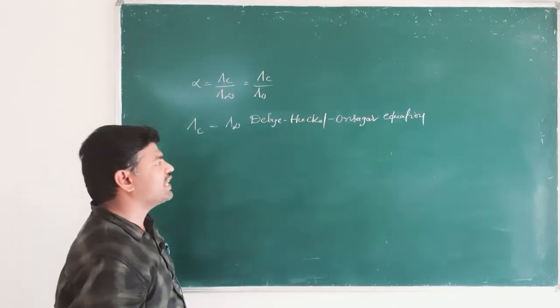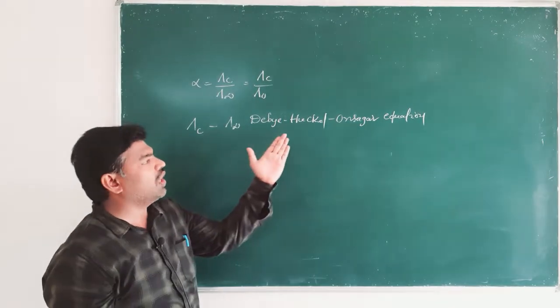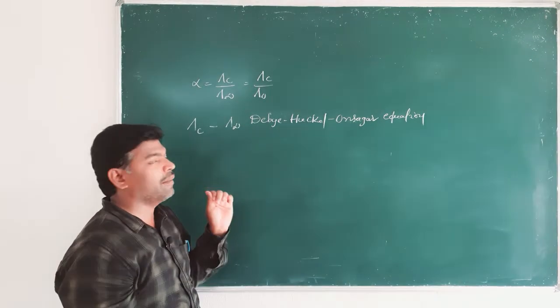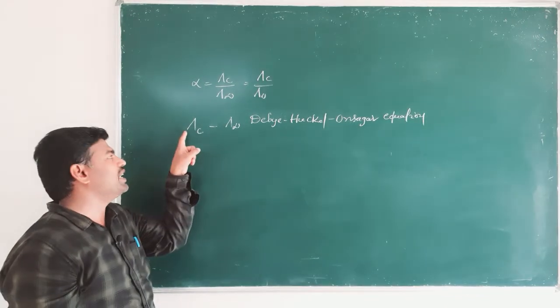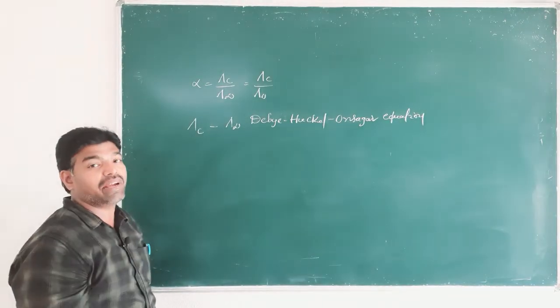That equation is actually by Debye, Huckel and Onsager, these three scientists, who formulated the relation between lambda c and lambda infinite by the equation.